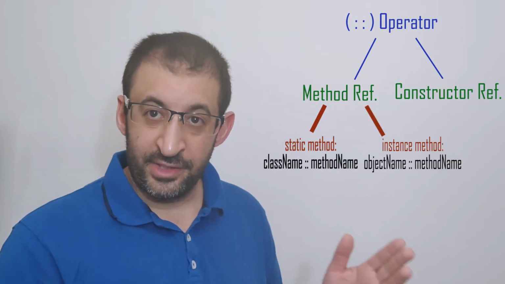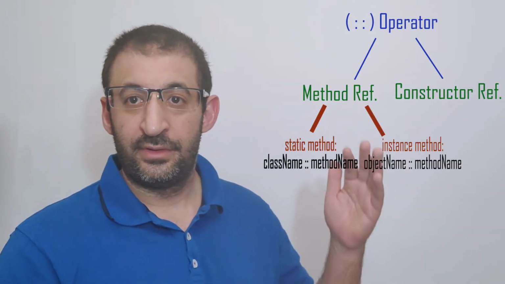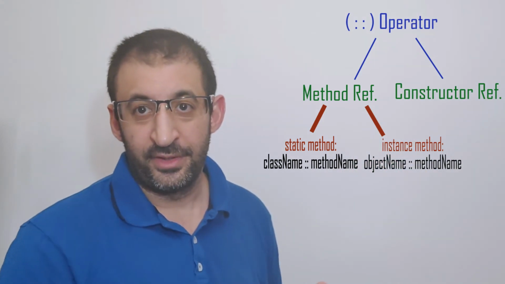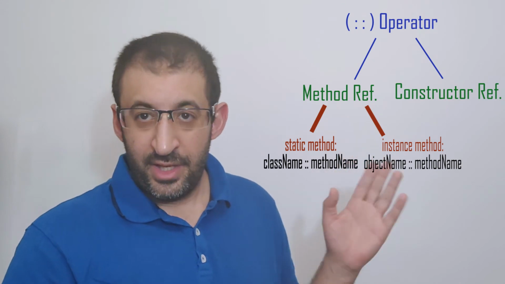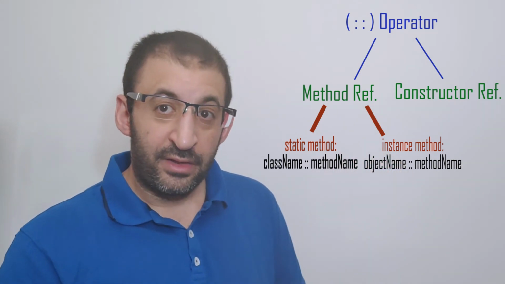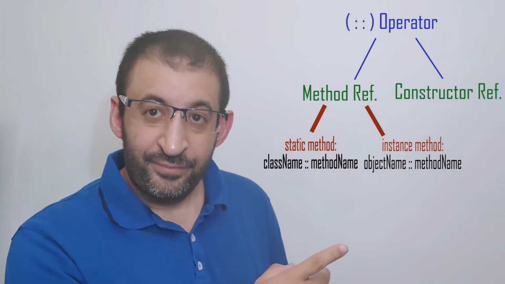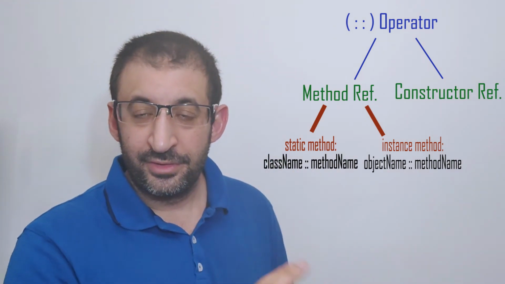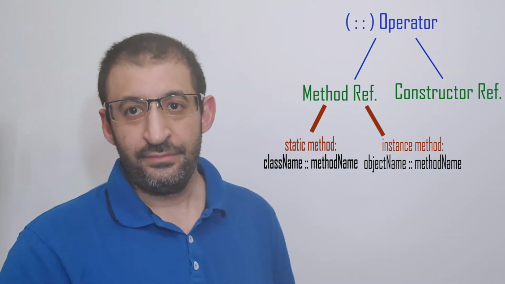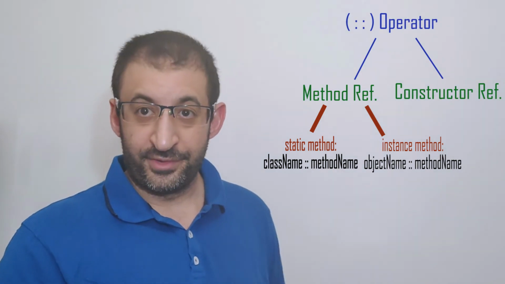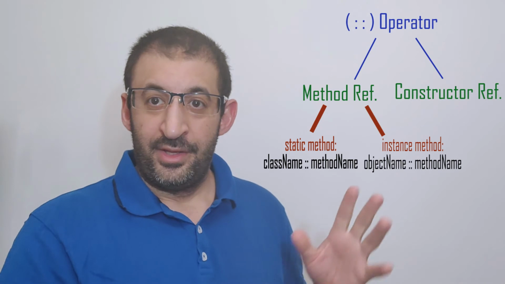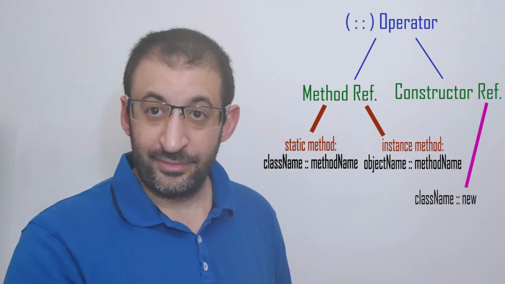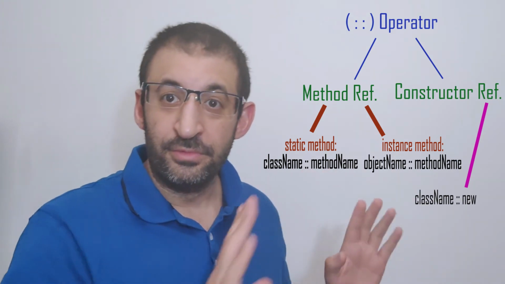If it is non-static, meaning it is an instance method of the class, the syntax will be object instance, double colon, method name. For constructor reference, the syntax will be the class name, double colon, new.